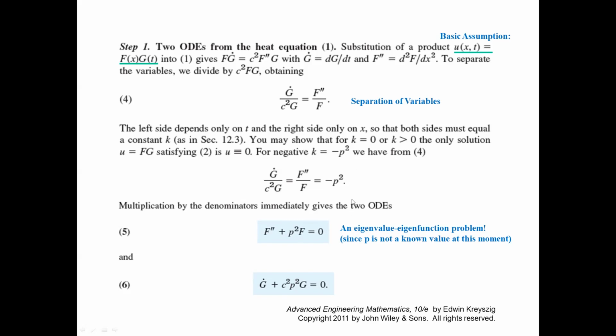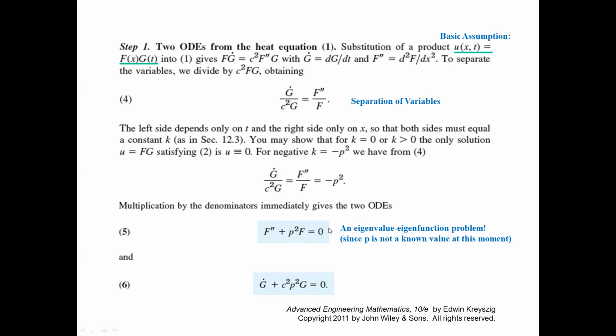If we look at that equation, we realize because p is not a known value at this moment, this second order ODE is an eigenvalue, eigenfunction problem. So we have to find the eigenfunction, that's the solution of the equation, and the eigenvalues along the way.